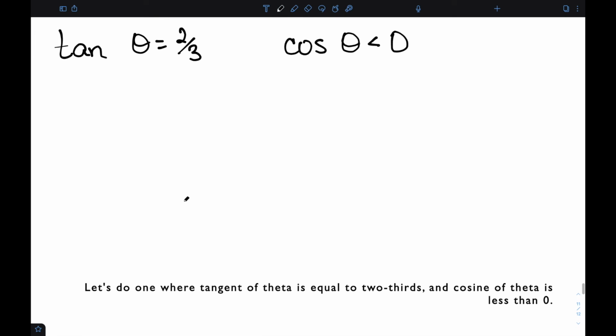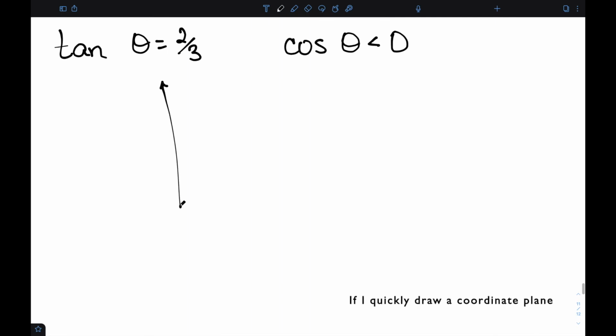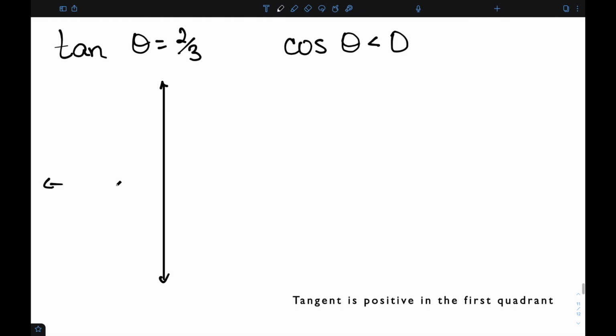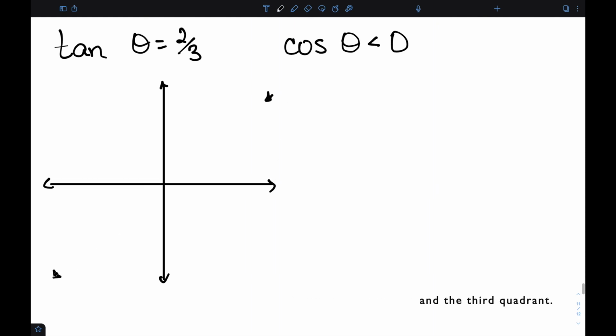Let's do one where tangent of theta is equal to 2/3 and cosine of theta is less than 0. So if I quickly draw a coordinate plane, tangent is positive in the first quadrant and the third quadrant. We want cosine to be negative. Everything is positive in the first quadrant, so I don't want that one.